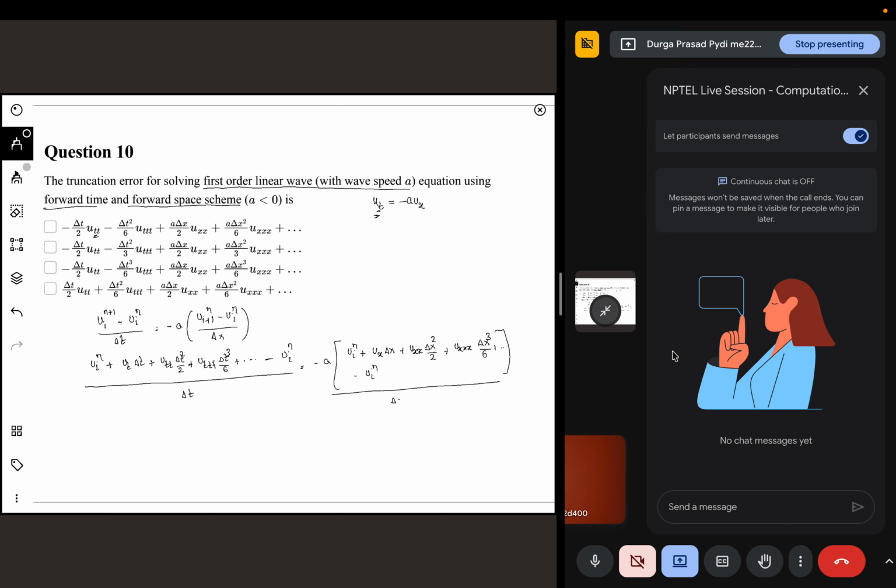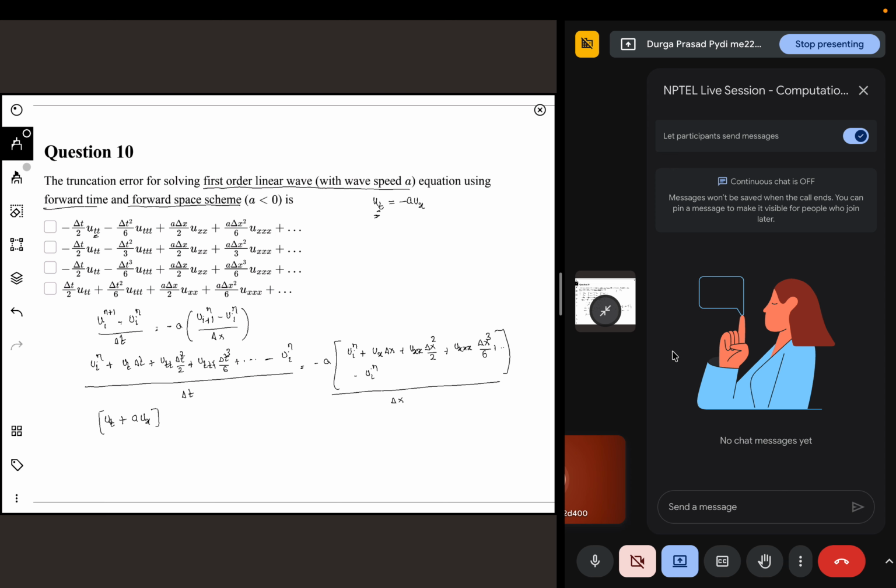So truncation error is basically the one that remains after you take the original equation. So we have u_t and we take the other term here, minus a times u_x.